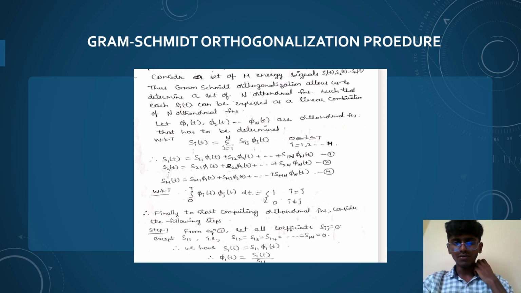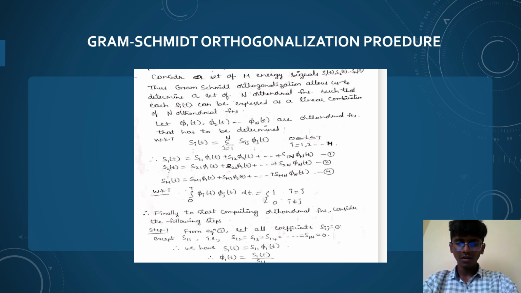Let phi1(t), phi2(t), and so on up to phin(t) be the orthogonal functions that have to be determined. We know that si(t) is equal to the summation over j equal to 1 to n of sij into phij(t).